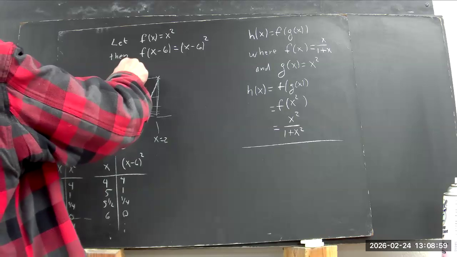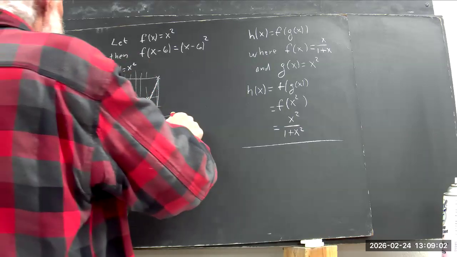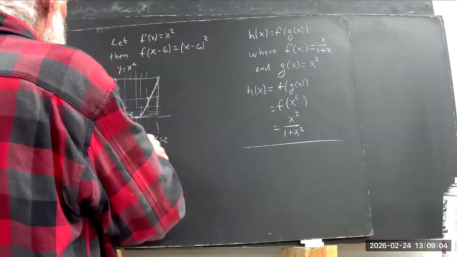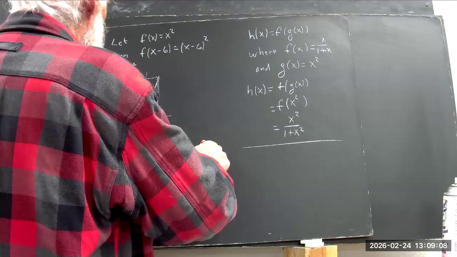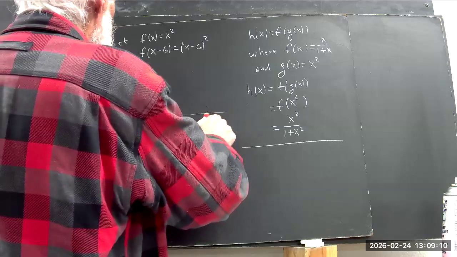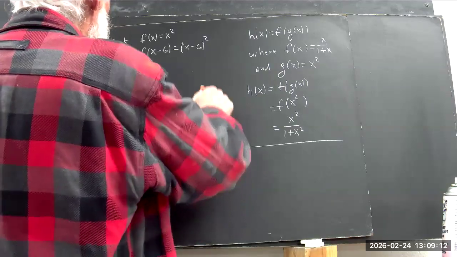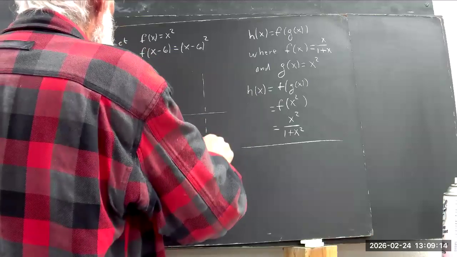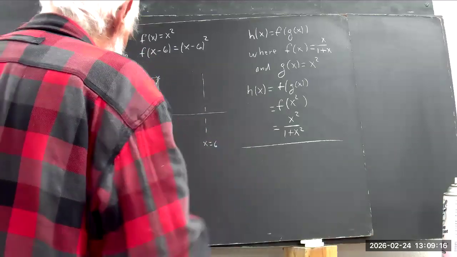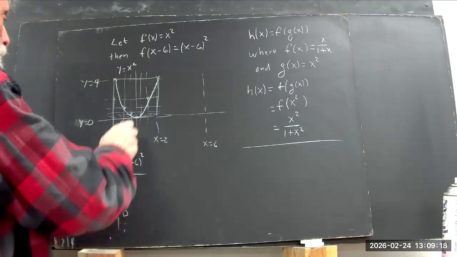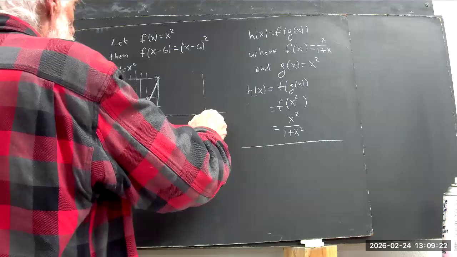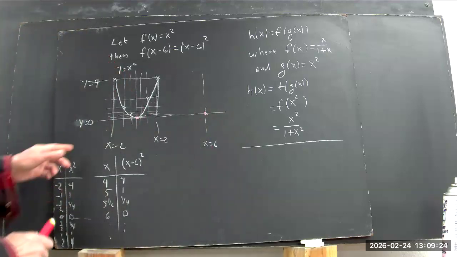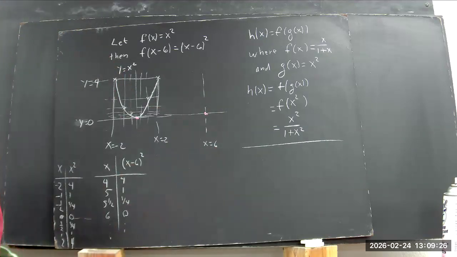And here's my y equals x squared graph. And then, let's see, 2's here. I'll go 4 to the right of that, I get 6. So over here, I get x equals 6. And at x equals 6, I get y equals 0.